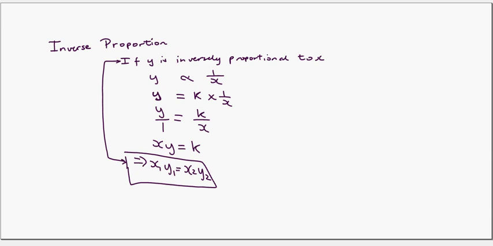Now, I'll ask you a quick question on this side here. The question goes like this. If 10 men could build a house, these 10 men could build a house in 20 days.